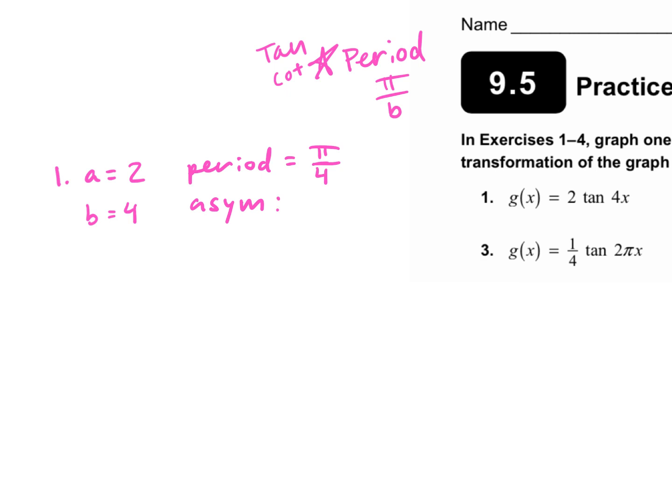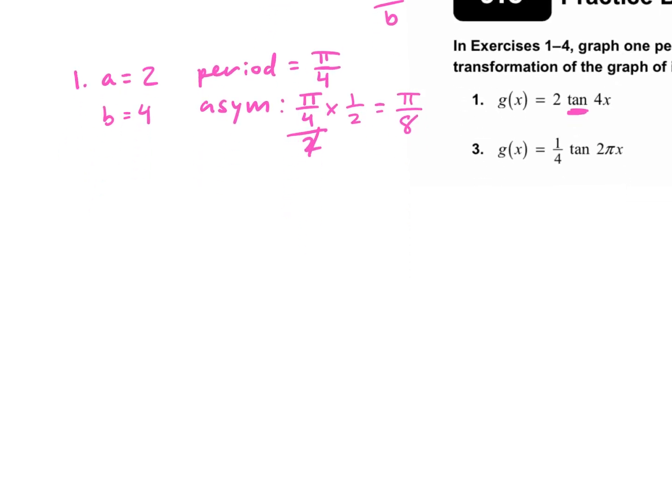How do we find the asymptote for tangent? Divide the period by 2. So pi over 4 divided by 2. So keep change flip. We're multiplying by 1/2, so pi over 8. So our asymptote is at pi over 8.